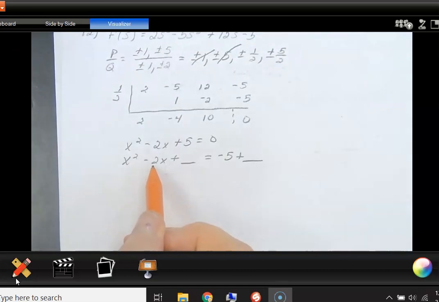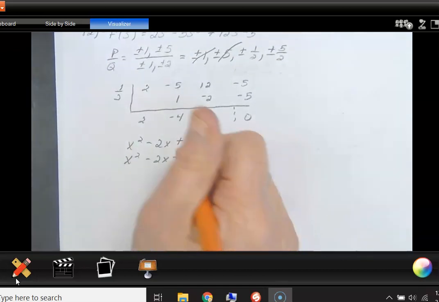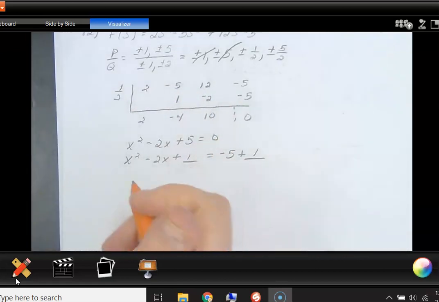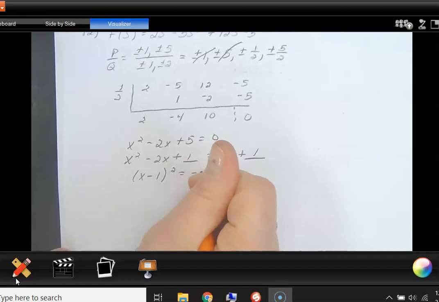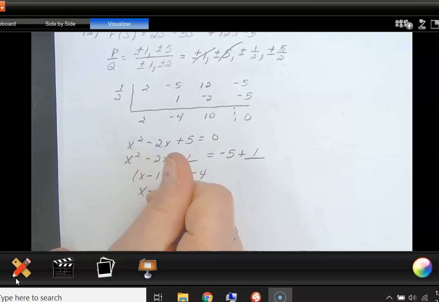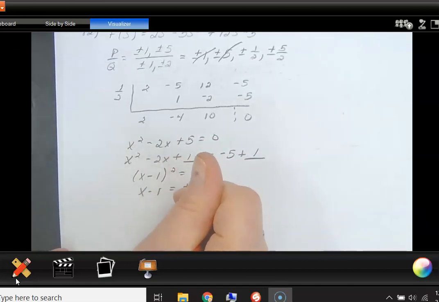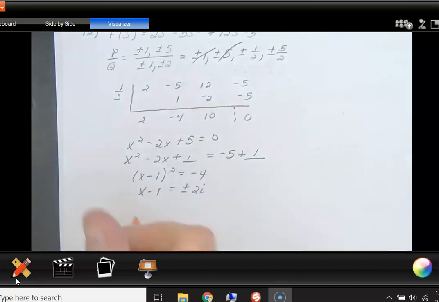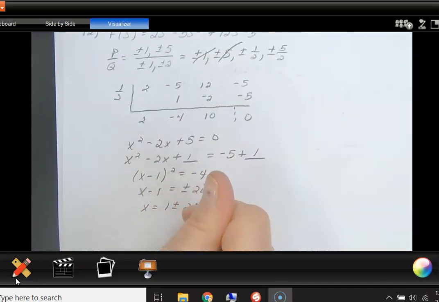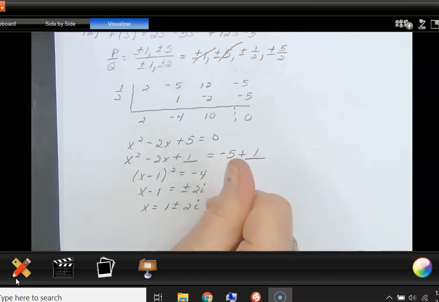So divide it by 2, negative 1 squared is 1, add it to both sides. This now factors to x minus 1, the quantity squared equals negative 4. Square root both sides, plus or minus 2i. Square rooting negative 4 is 2i, and then adding 1. 1 plus or minus 2i is a zero, and a half.